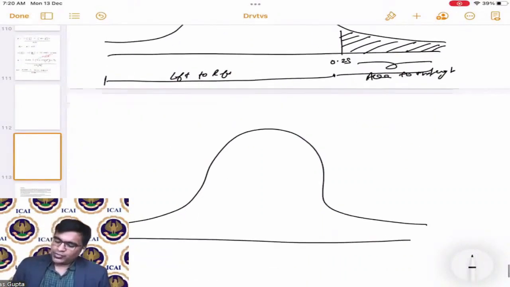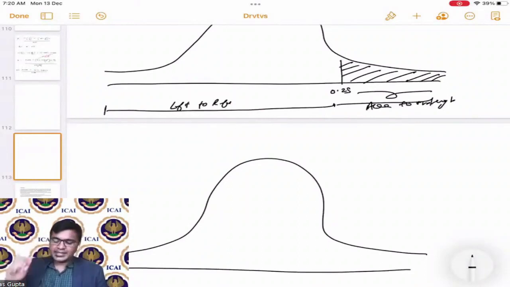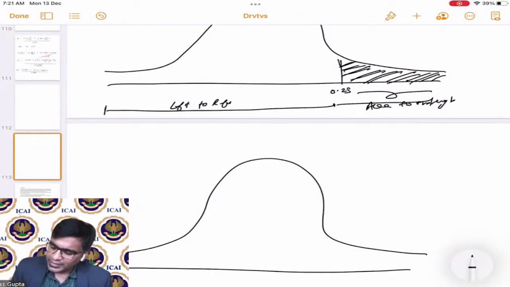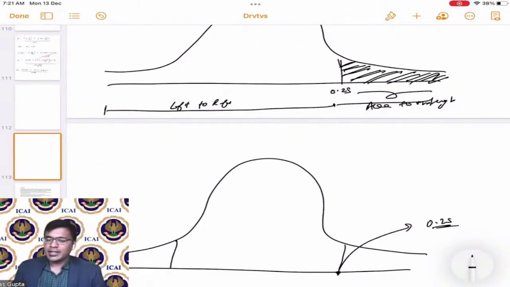So if 0.25 is on the line here, whatever area is to the right, the same area is to the left. Our observation is here, but there is a mirror observation, so these two data points will be equal.